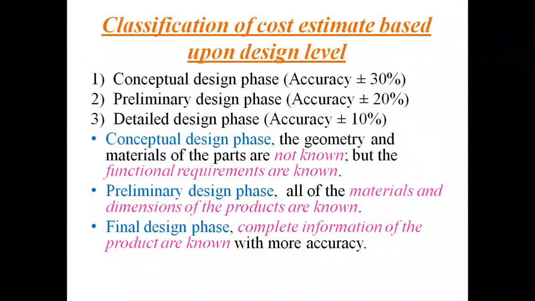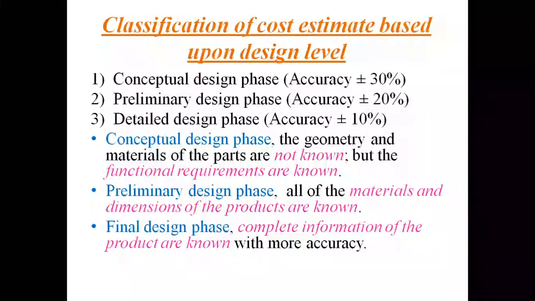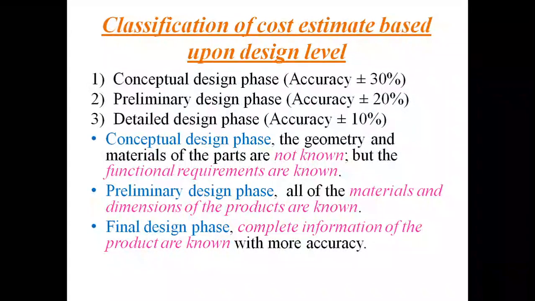The accuracy of preliminary cost estimate is plus or minus 20%. The most commonly used cost estimate methods in this phase are product comparison method, database calculations, detailed cost functions, and parametric cost estimating.